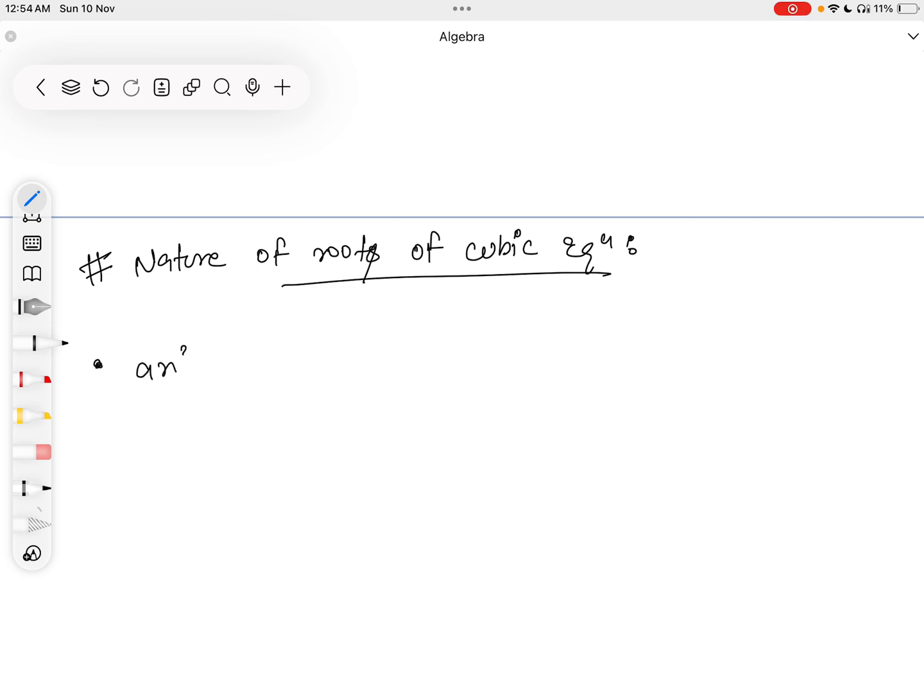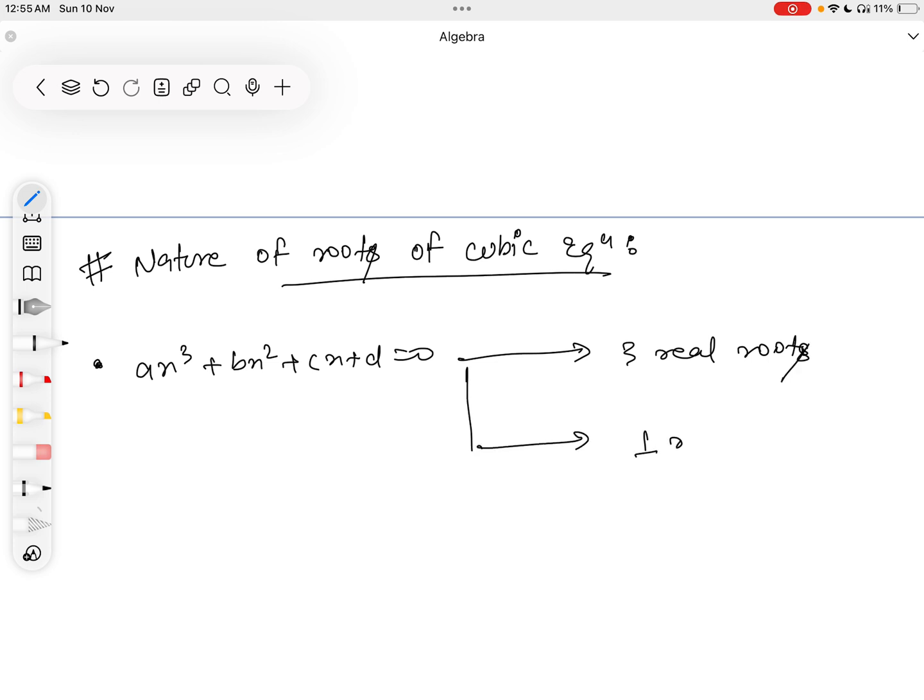Look, if I have this equation ax cube plus bx square plus cx plus d equals 0, first, all my roots could be real. That is the first case. Second case is one real and two imaginary roots.